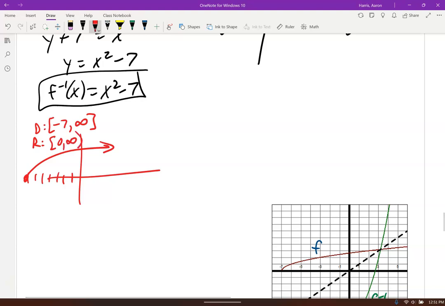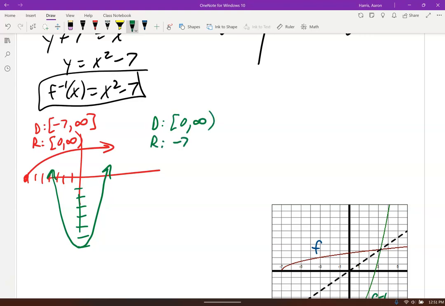Well, those will flip-flop. If you were to graph x squared minus 7, it's like this. That's what x squared minus 7 is. But the problem is the domain and the range have to flip-flop. So the domain would be 0 to infinity, and the range would be -7 and up.